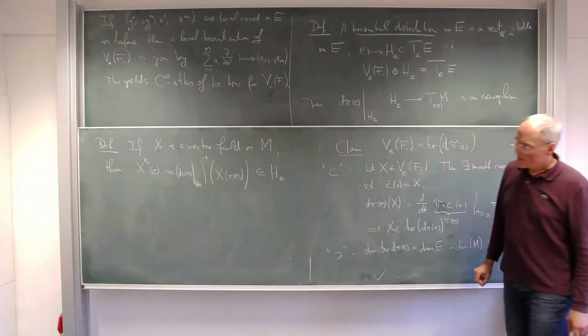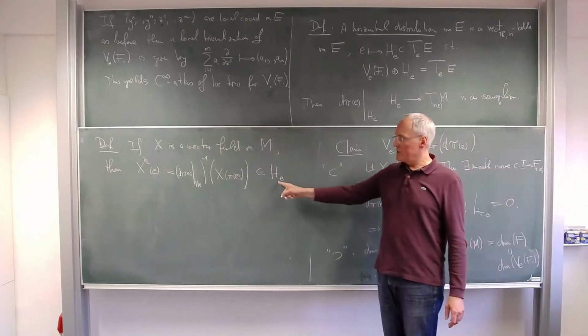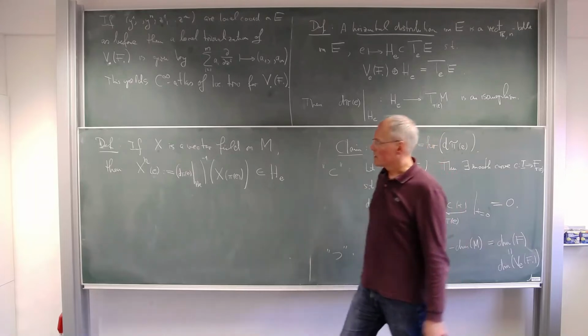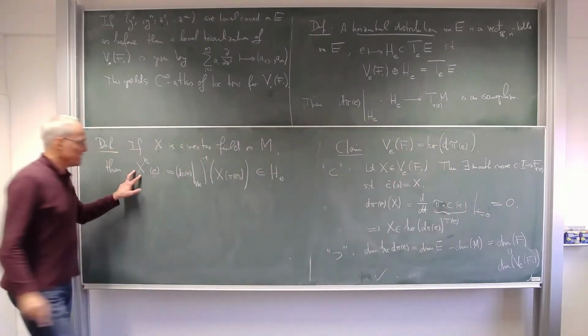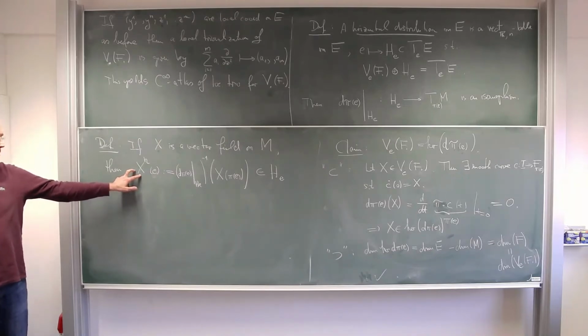So this way, for each E, I get an element in this H_E, which in particular is a tangent vector to the total space. And so this whole thing will be a particular kind of vector field on the total space.